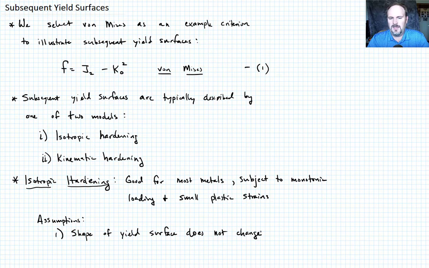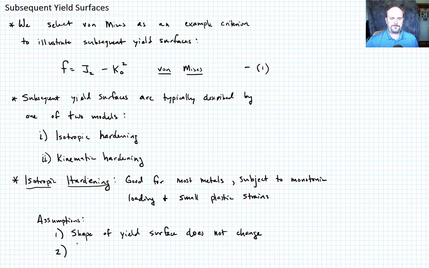In the case of isotropic hardening, we're going to let that circle expand, but we're not going to let it shift. We're not going to let it become not a circle. If you're looking at it in, let's say, a 2D stress space, it looks like an ellipse. We're going to make it continue to look like an ellipse. Okay, so that's assumption 1.